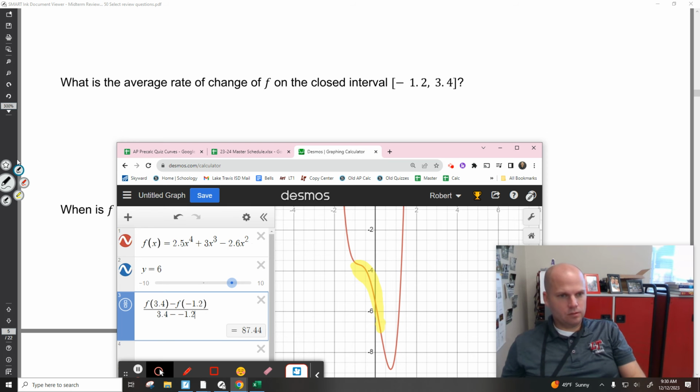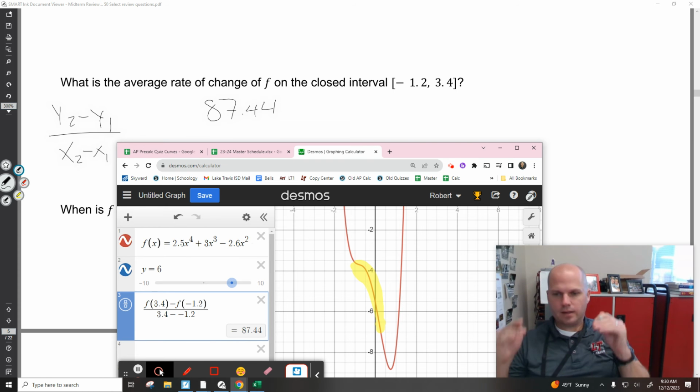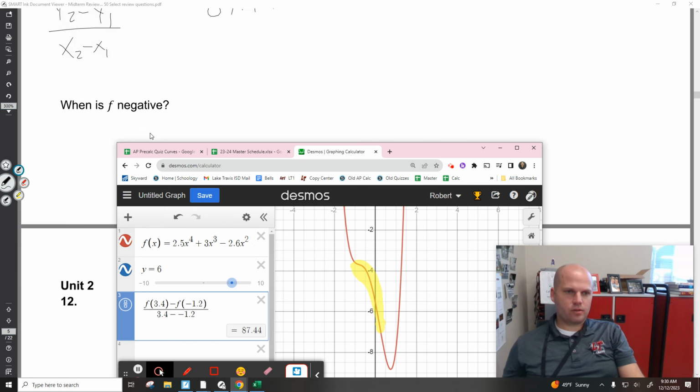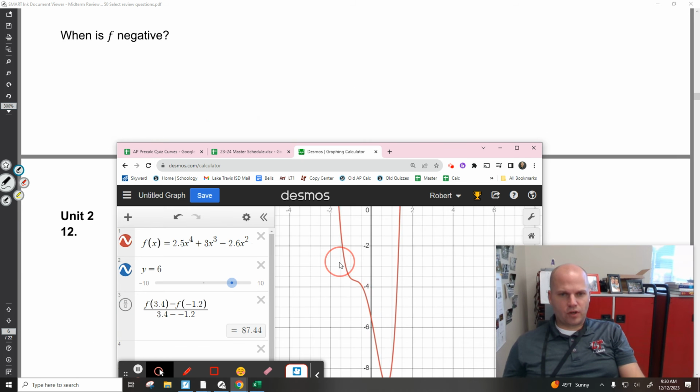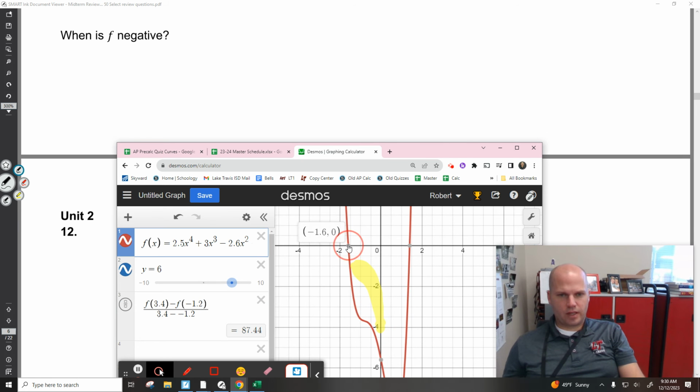That's crazy. You use a slope to find a rate of change. When is the function negative? Between my two zeros, that's between -1.6 and 1.4.